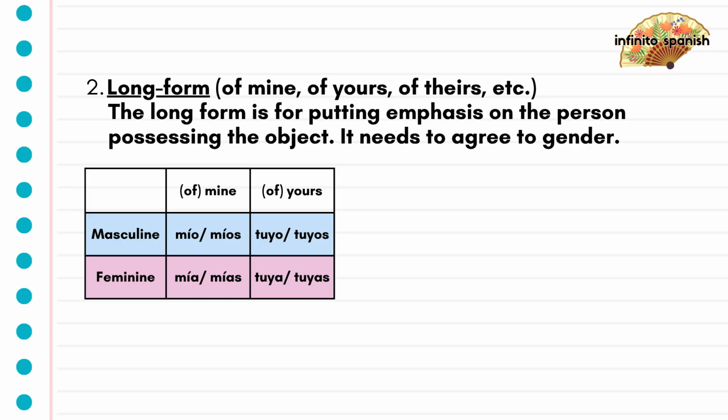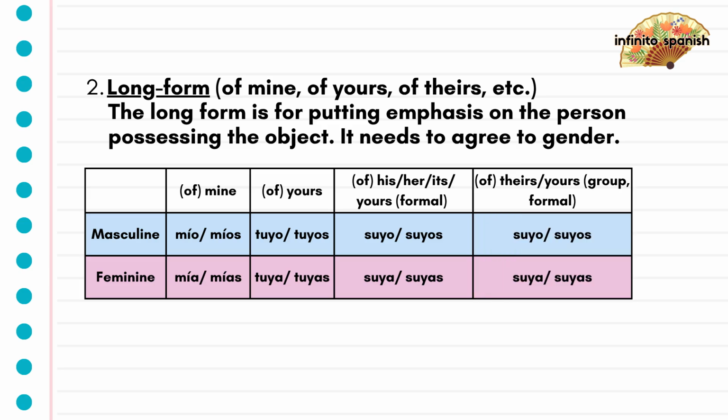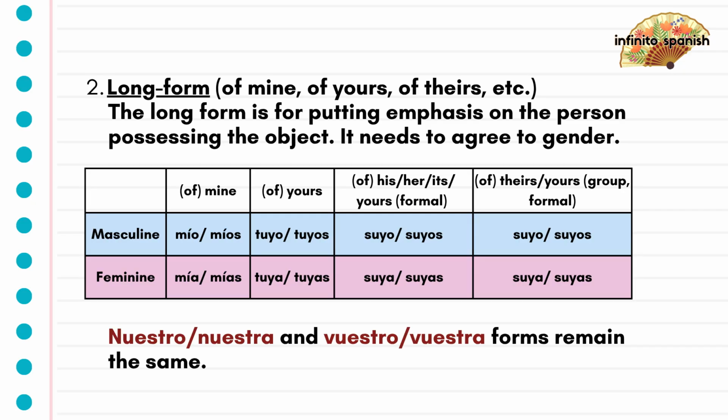Of yours, tuyo, tuya, tuyos, tuyas. Of his, of hers, of yours formal, suyo, suya, suyos, suyas. Same for of theirs, of yours group formal, suyo, suya, suyos, suyas. Nuestro and vuestro forms are already in long form, so they don't need to change.